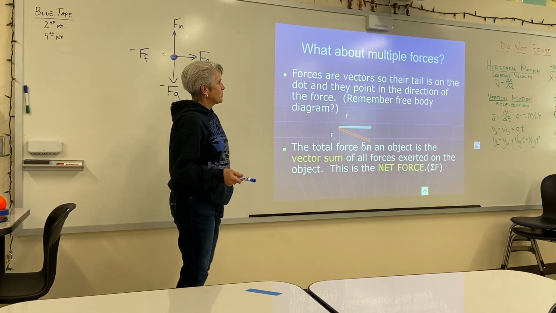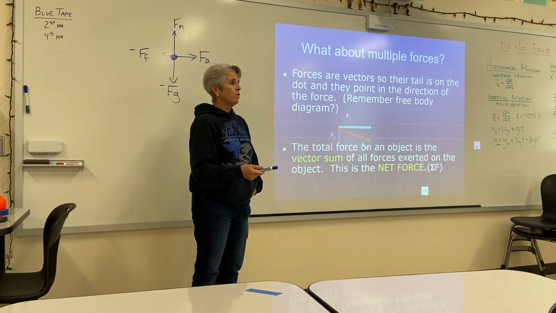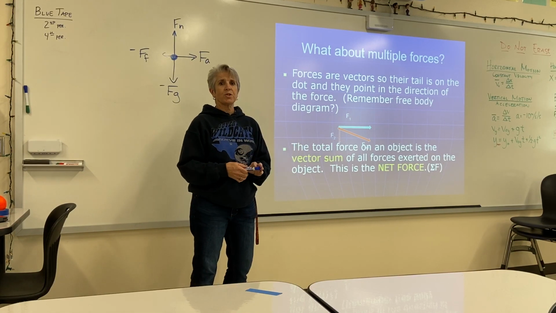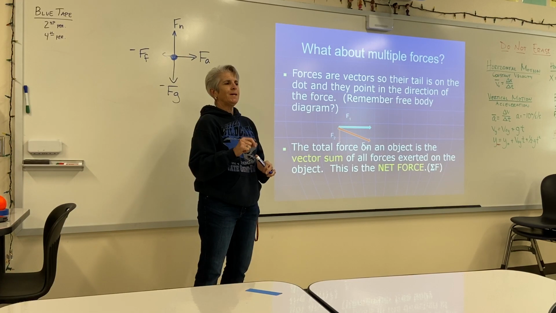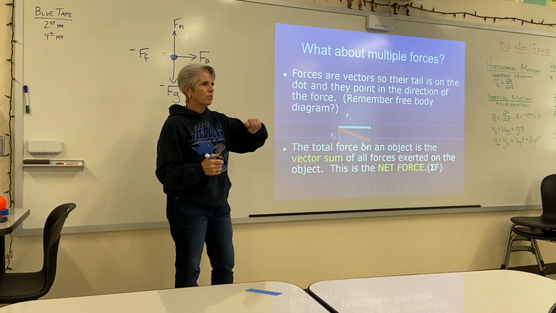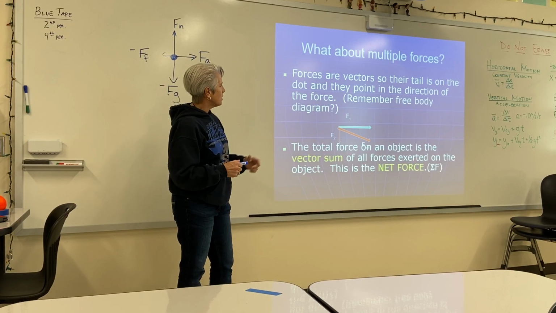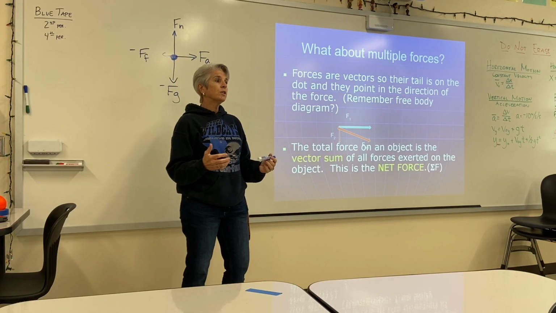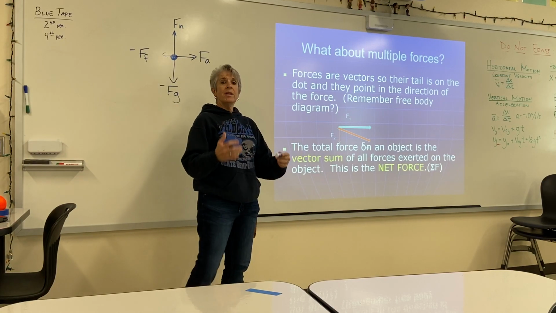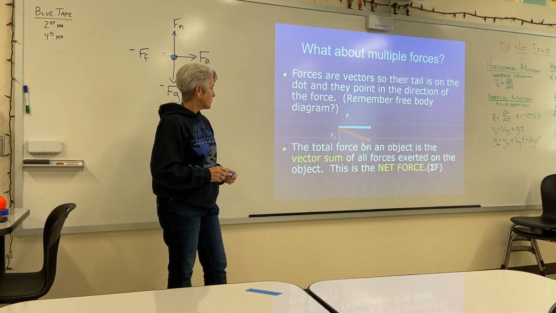So forces are vectors, and we want to add multiple vectors just the same way that we've been drawing velocity vectors. We have to move them tail to head. We've got to label them. We've got to add them. So we draw a resultant after we've laid those out. Instead of calling it a resultant, now we have a net force. That resultant is the sum of these forces.